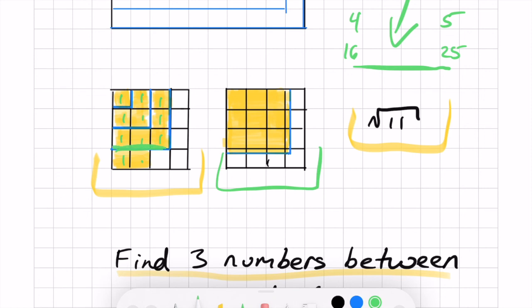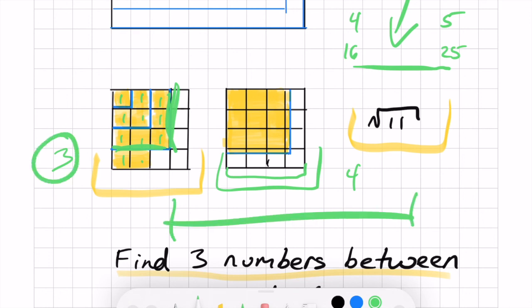This is 3 by 3, right? So it's 3 squared. It's in between 3 and 4 because it hasn't filled up those 4 squares, right? So it's somewhere in between, and it will be closer to 3 if we draw the number line. 11 will be closer to 3, somewhere in here, on the number line than it is to 4.